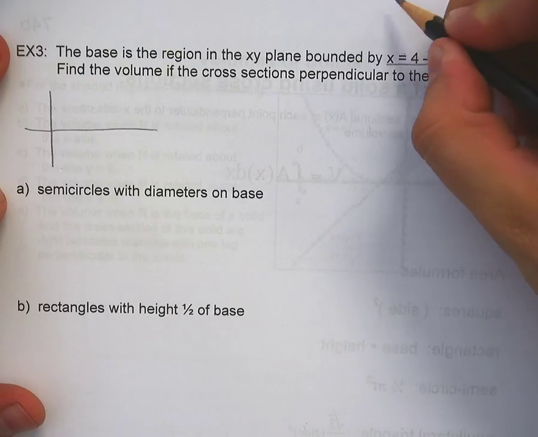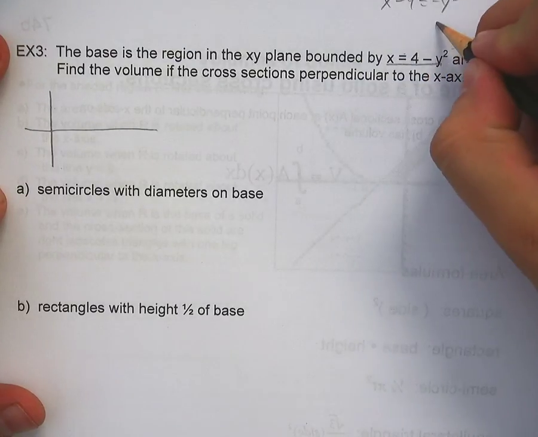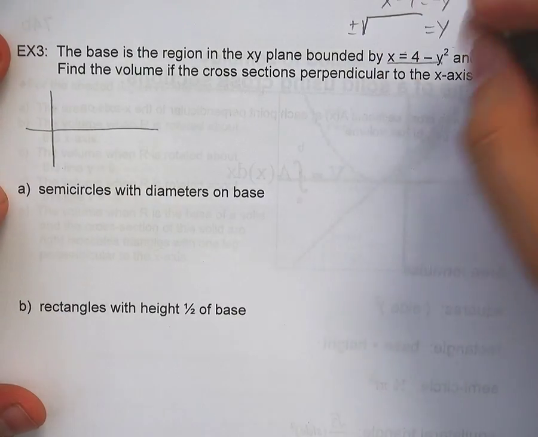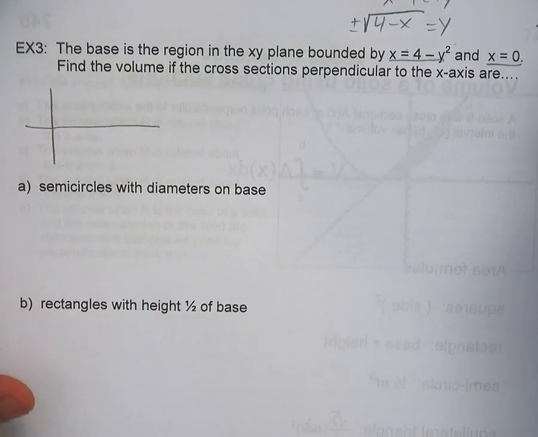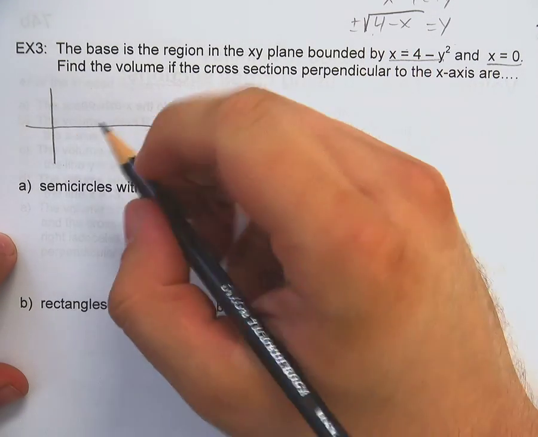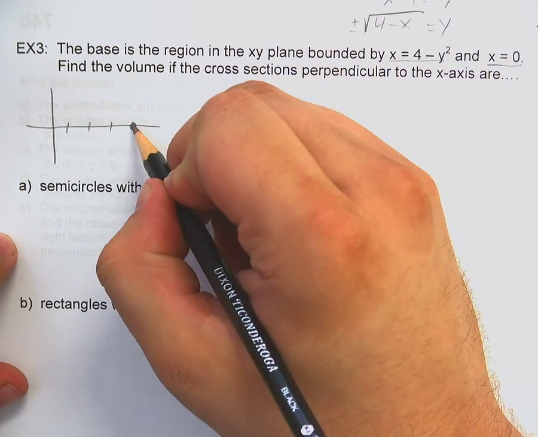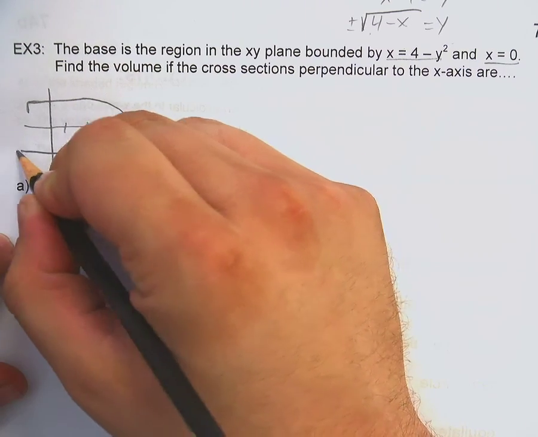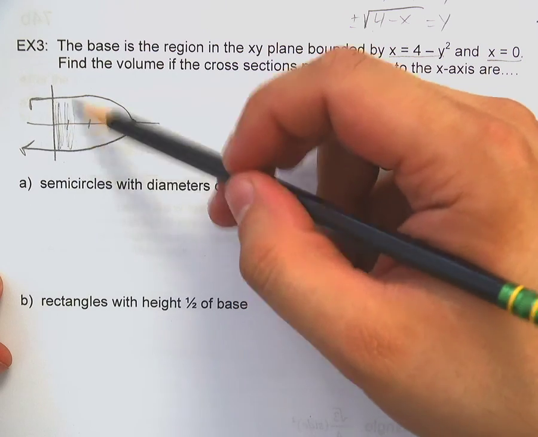That's going to be x minus 4 equals negative y squared, so y equals positive or negative square root of 4 minus x. So it's a negative x value moved right 4. 1, 2, 3, 4. Up like this, down like this. x equals 0, so it's all of this.